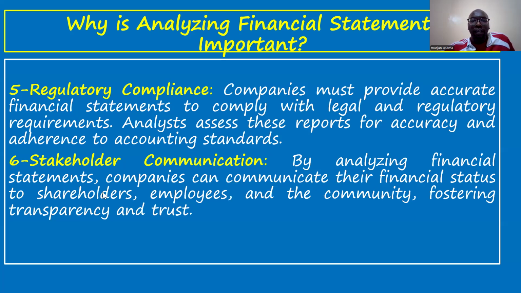By analyzing this financial statement, companies can communicate their financial status to shareholders. That is why at the end of the year, you normally have an AGM with all your stakeholders, and you share with them the audited, analyzed financial statement. If you don't do that, they will lose trust in you, and some of them might even withdraw.